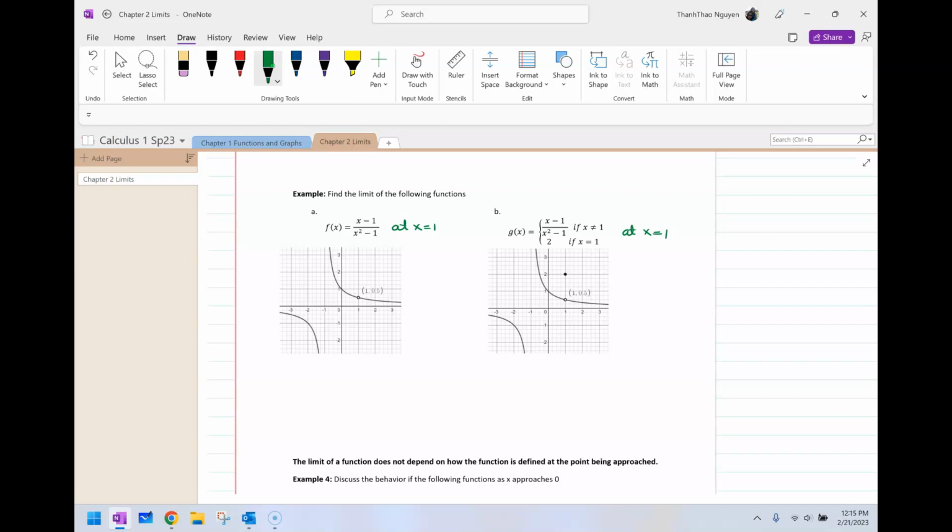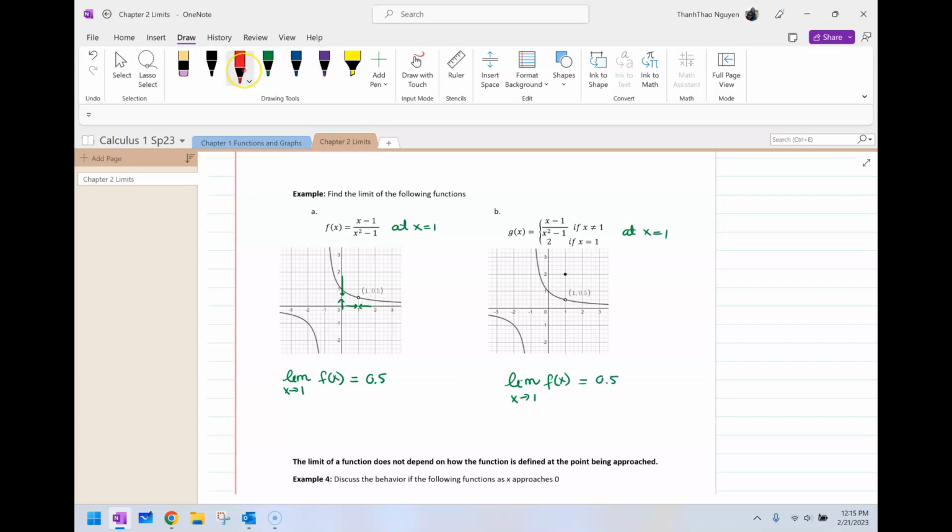At x equals 1, the limit as x approaches 1 of f of x is equal to 0.5, from both sides: as x approaches 1 from the left and from the right, on both sides as close as possible, the value approaches 0.5. The limit as x approaches 1 in this case, of f of x, is also equal to 0.5.